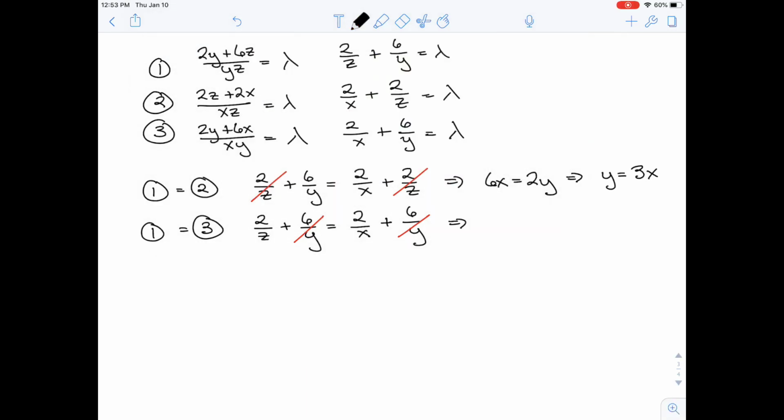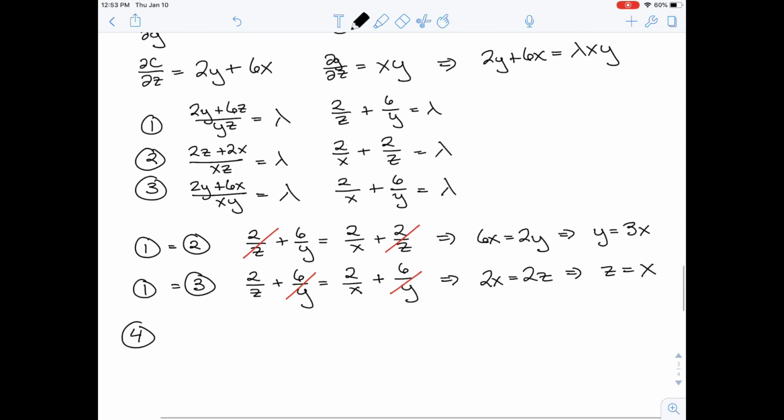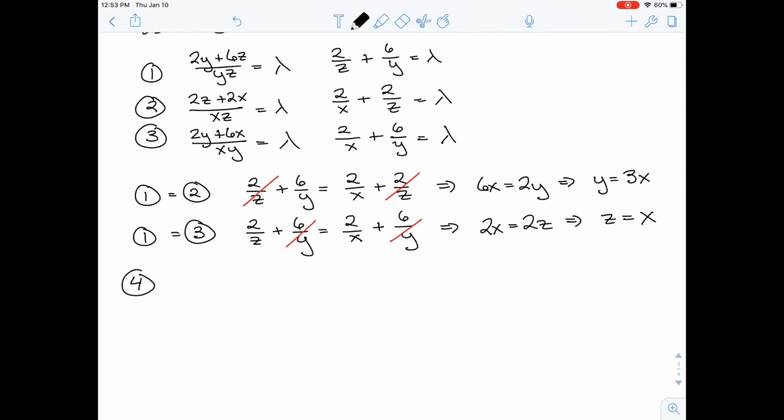And we're going to be left with cross multiplying 2x equals 2z, or z equals x. So now we know that y equals 3x and z equals x, so we can put those 2 things into our 4th equation. I will rewrite the equation that xyz equals 24.